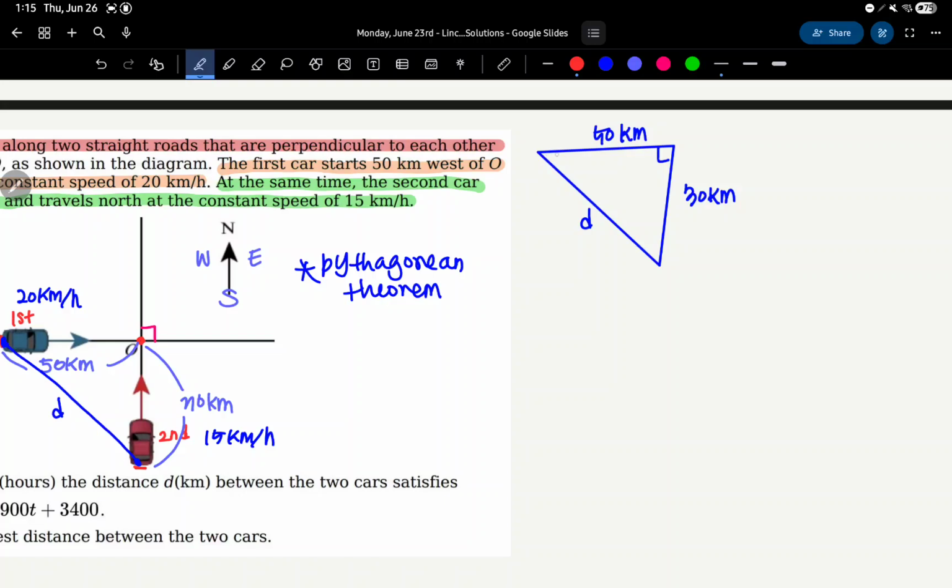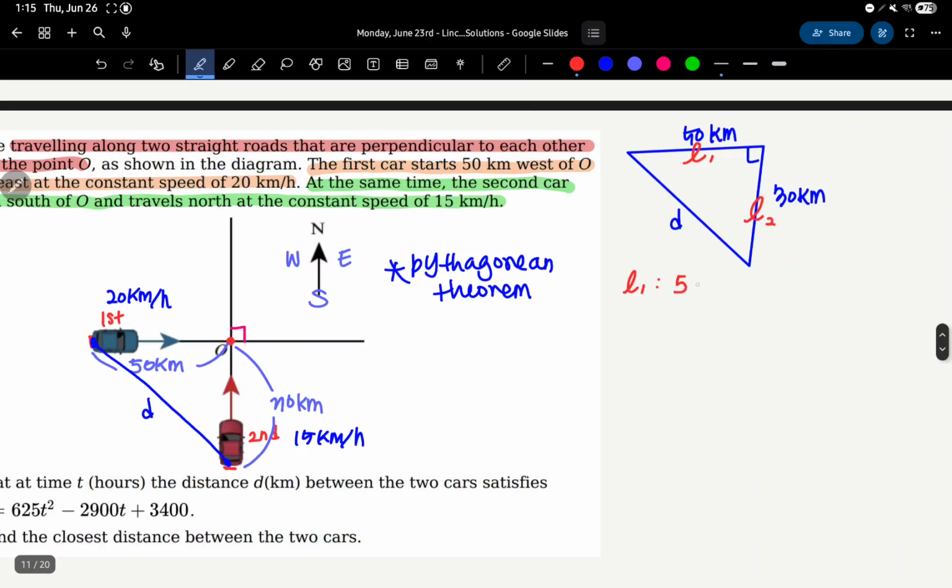Let's say I'm calling this length 1, and I'm calling this length 2. Let me think about length 1 first. How do I get the distance of length 1 at any point of time? That's going to look like 50 minus 20t, considering that t is the hours.